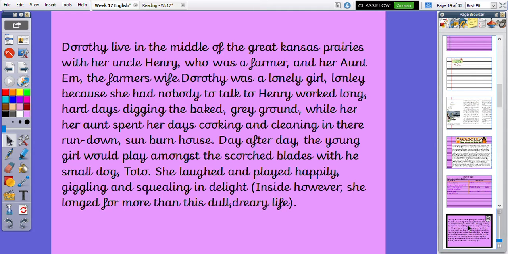Henry worked long, hard days digging the baked grey ground, while her aunt spent her days cooking and cleaning in their run-down, sunburnt house. Day after day the girl would play amongst the scorched blades with her small dog Toto. She laughed and played happily, giggling and squealing in delight. Inside, however, she longed for more than this dull, dreary life. So that is my draft so far.